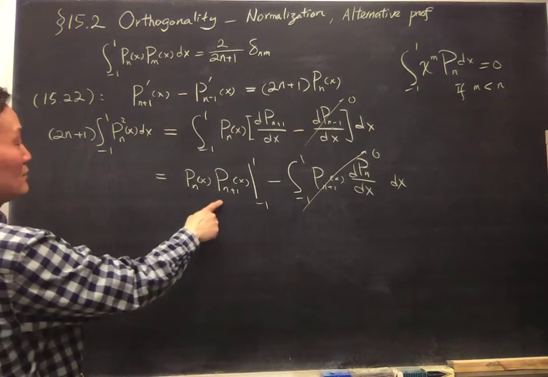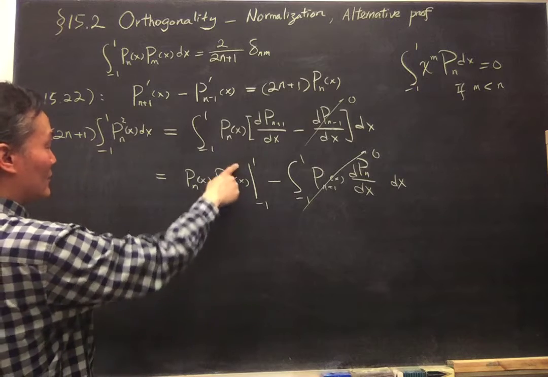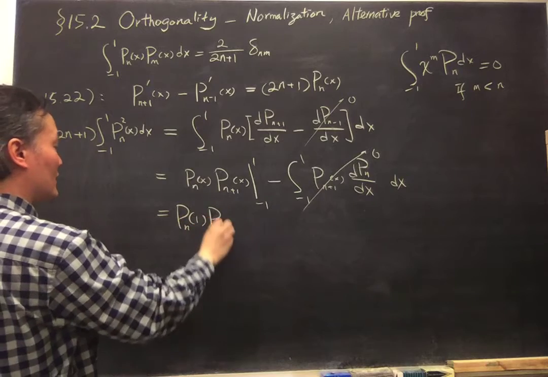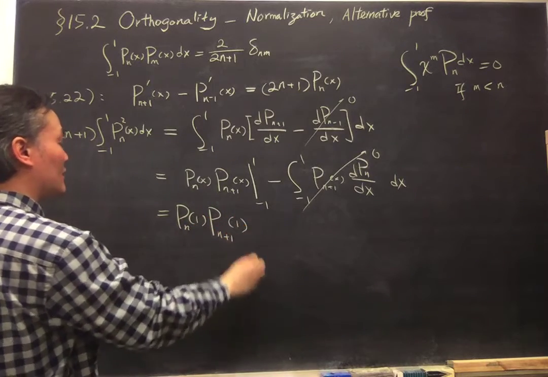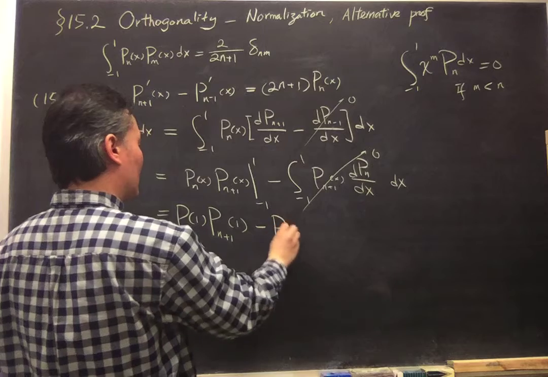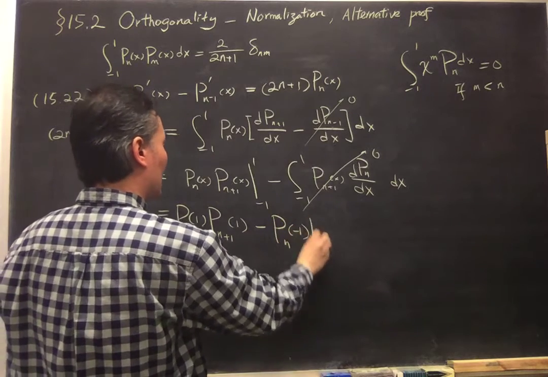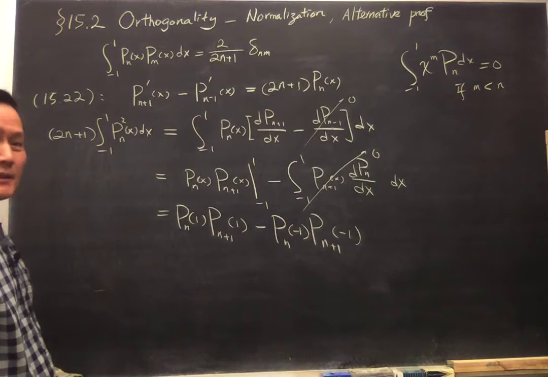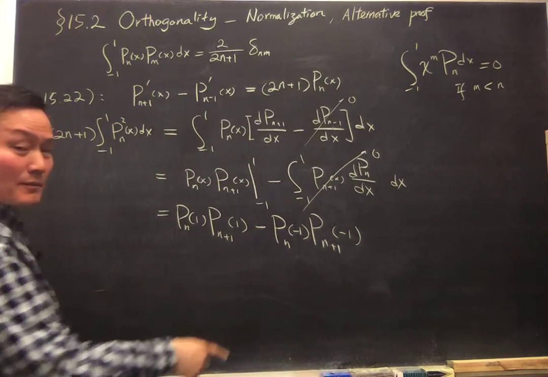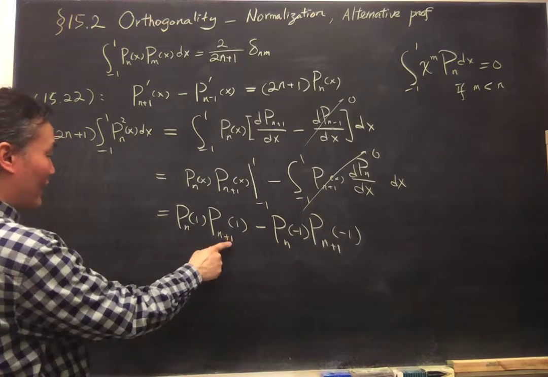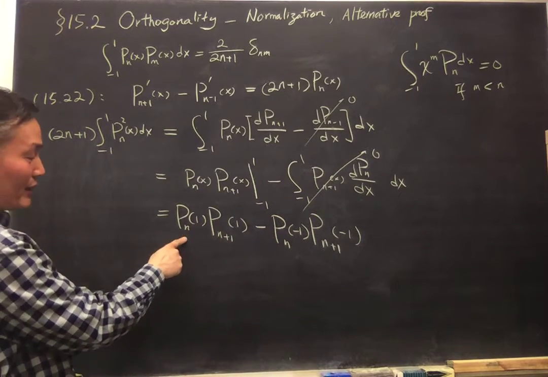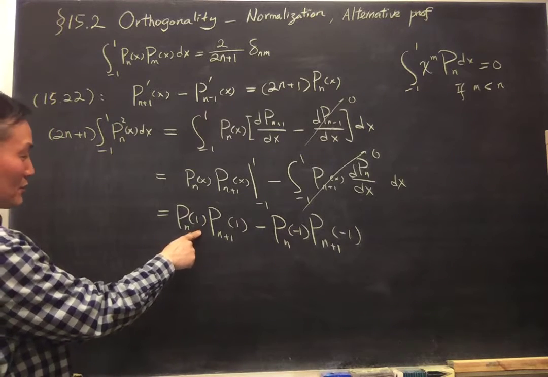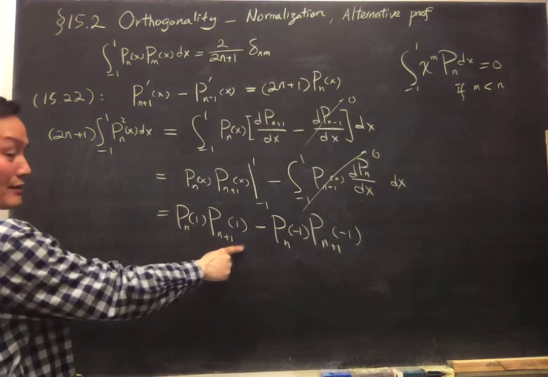Now we evaluate the two limits: Pn at 1 times Pn plus 1 at 1, minus Pn at -1 times Pn plus 1 at -1. All the Legendre polynomials are defined to have the value 1 at x equals 1, so the first part is 1.